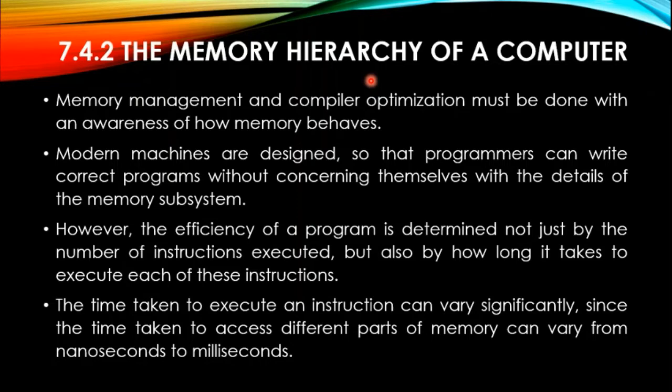But in modern machines, without knowing such details of memory management and compiler optimization, programmers can easily write programs, and after they are written, the modern machine is responsible for allocating the memory and optimizing the memory space.